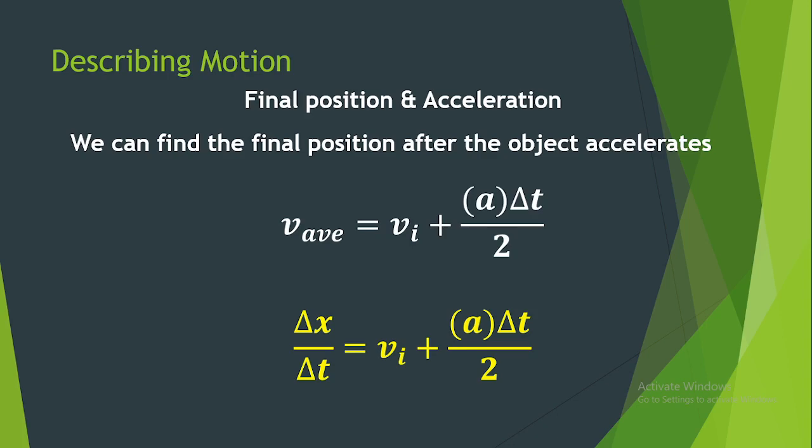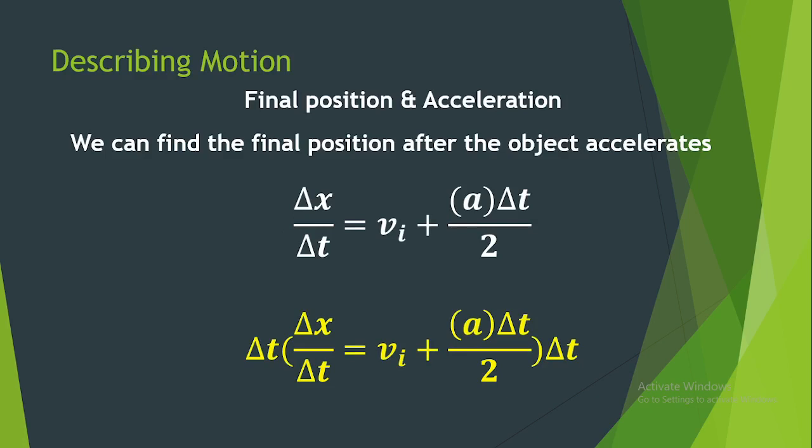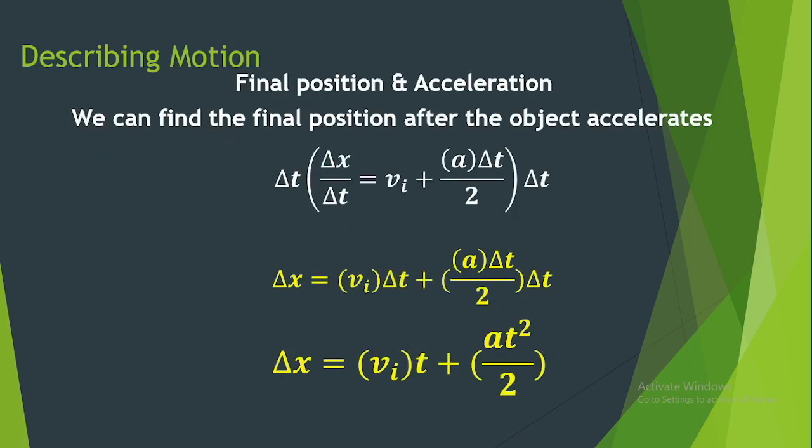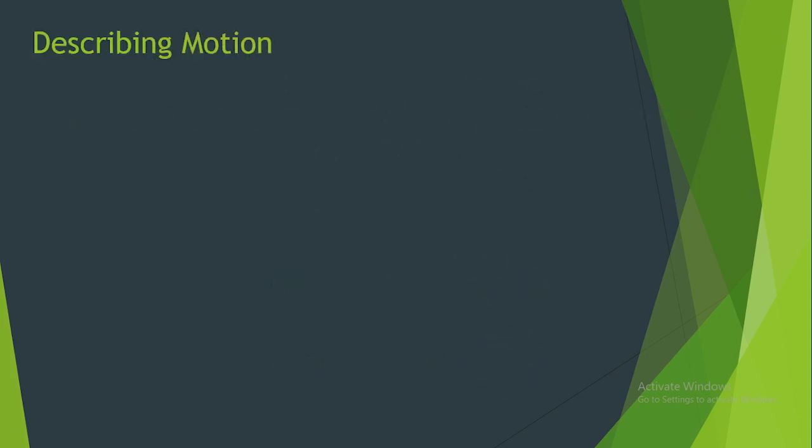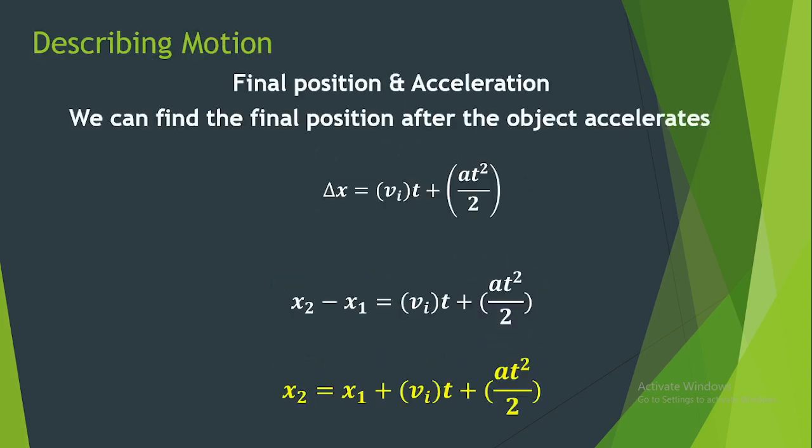We multiply delta t to both sides of the equation and we get delta x is equal to v sub i times delta t plus the quantity of a times delta t squared all over 2. We can solve for x sub 2 and we find that x sub 2 is equal to x sub 1 plus v sub i times delta t plus the quantity of a times delta t squared all over 2. This is our equation 8.